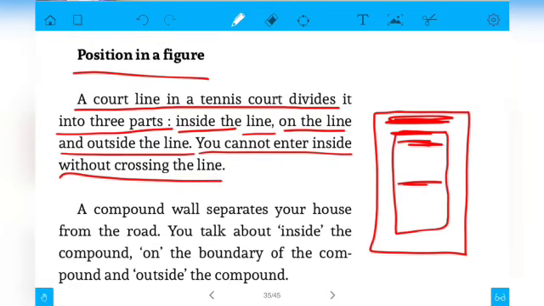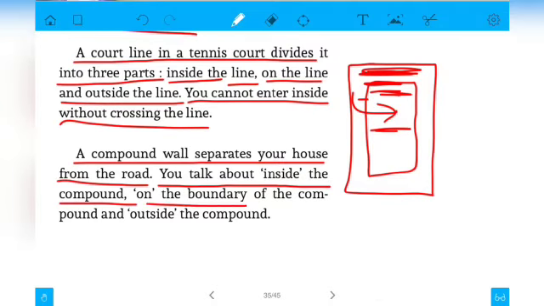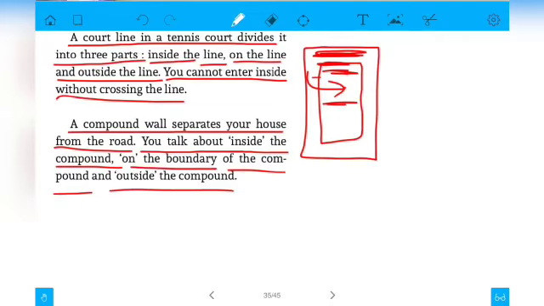Similarly, a compound wall separates your house from the road. You talk about inside the compound, on the boundary of the compound and outside the boundary. You have also seen this.